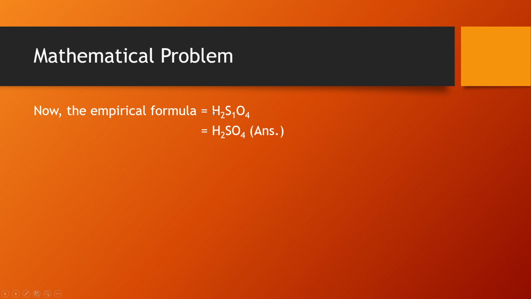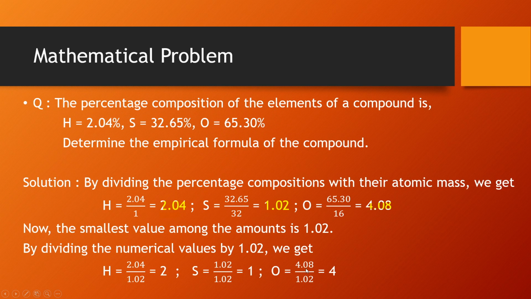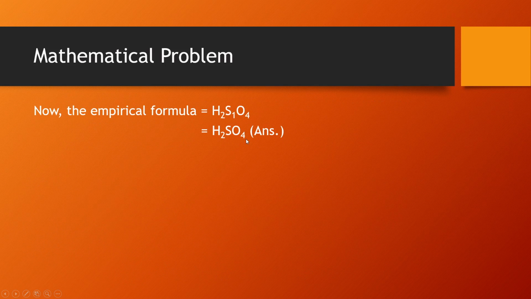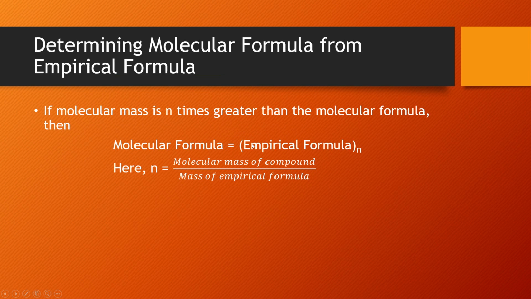We just put these values in the empirical formula, and we can obtain the result. This is the answer, and by this process we can determine the empirical formula from percentage composition. So let's get to the next topic, that is molecular formula from empirical formula.